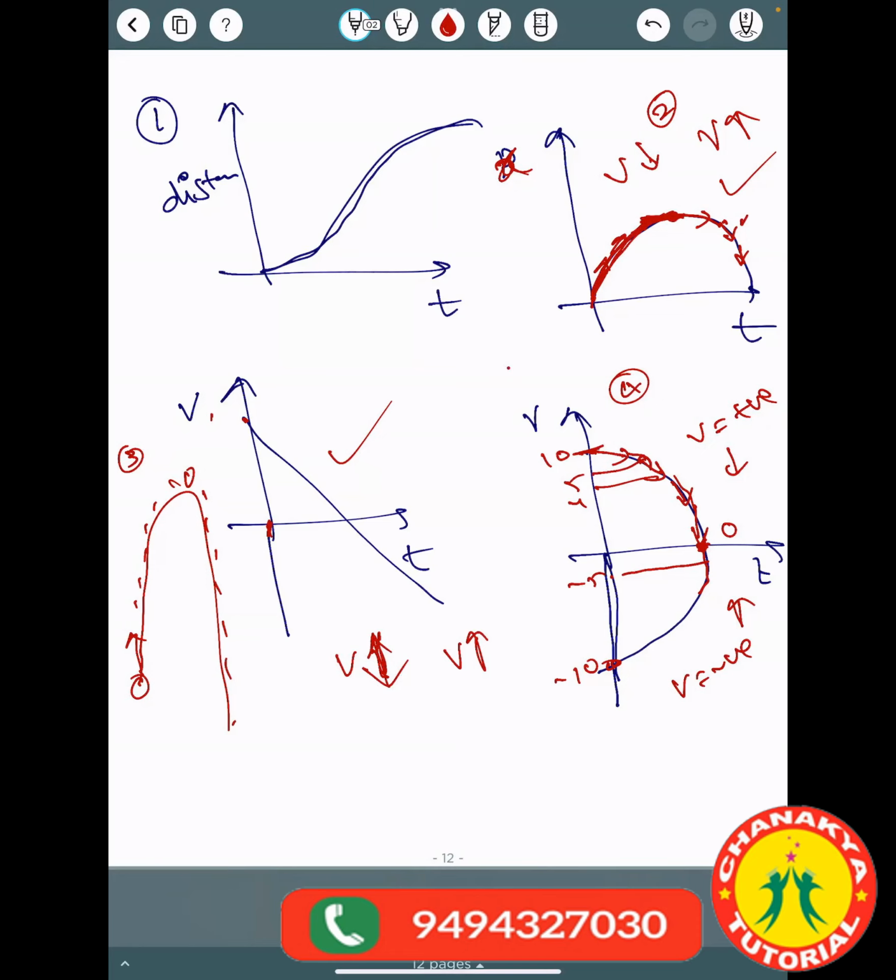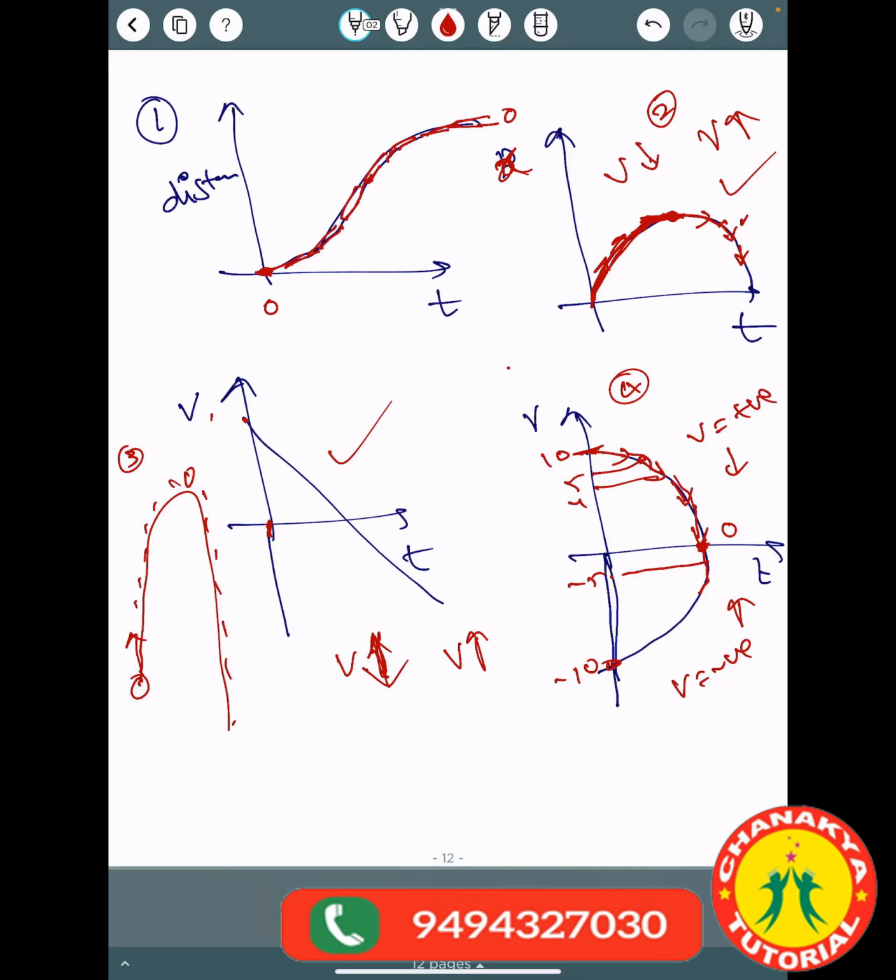Position versus time graph. First, see what is the slope here? 0, right? So then it started increasing. Correct? Increasing, then it became 0. Understood? Here also it is showing the velocity is increasing, decreasing, but the direction is not changing here.